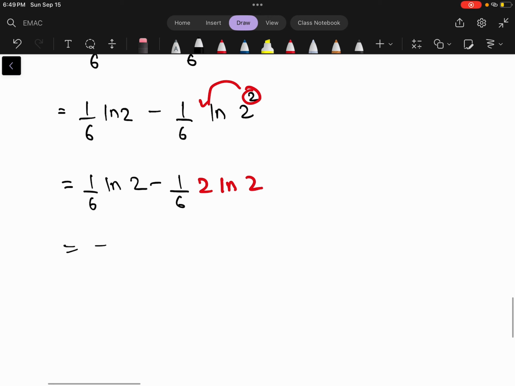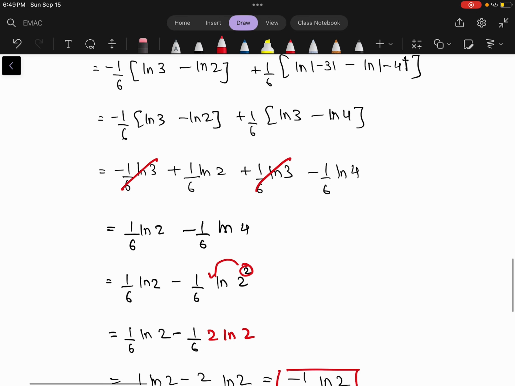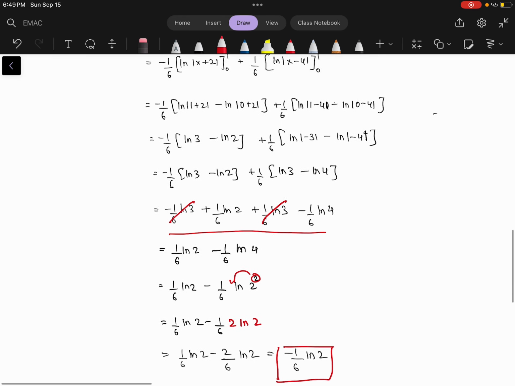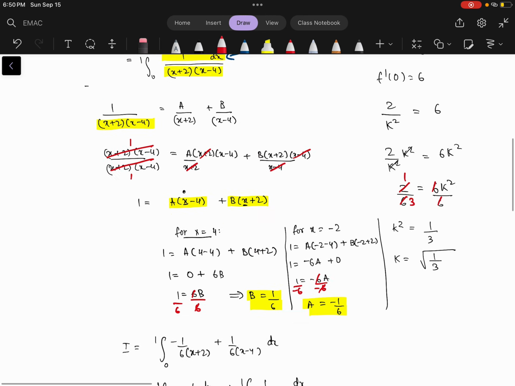So that's 1 over 6 natural log of 2 minus 2 over 6 natural log of 2, which is minus 1 over 6 natural log of 2. That's the answer to this problem. Again, on the AP exam, you can probably leave your final answer this way, and it's always recommended to leave it this way so that you don't lose any points trying to simplify.